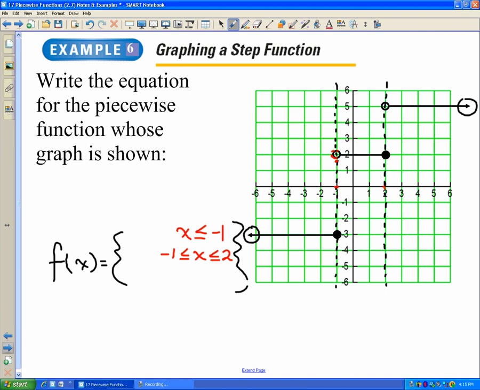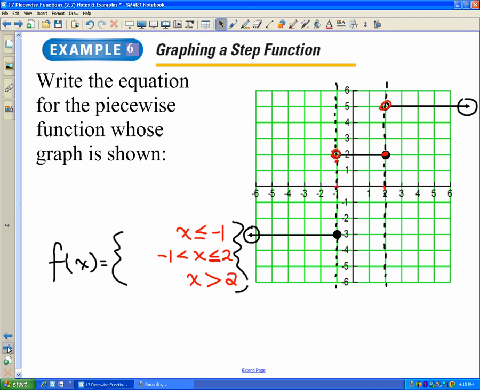Because this circle is open. So this here has to be -1 is less than x. It's closed over here, so then this has to definitely be an equal to. And then I want x's to be greater than 2. It's an open dot, so there's no equal. So those are my domains.